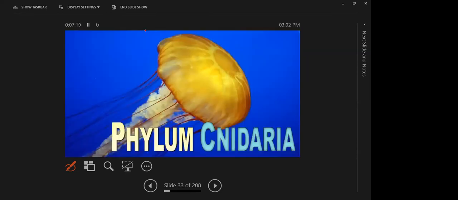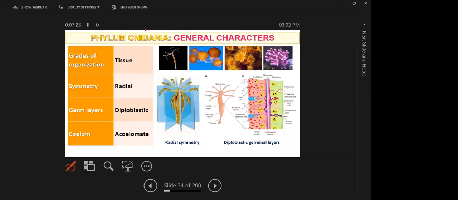Going to the next, that is Cnidaria or Coelenterate. What's the level of organization? It's a tissue level of organization. Symmetry is always radial, which means passing through any plane, the organism divides into equal halves.